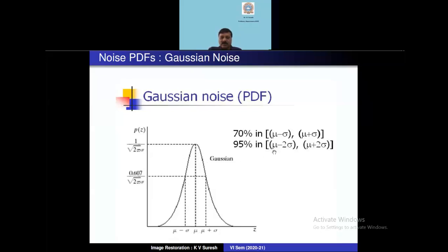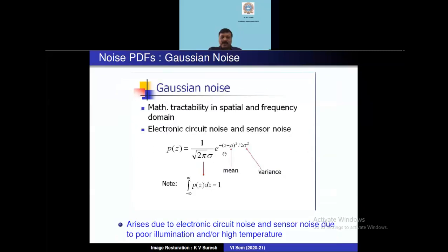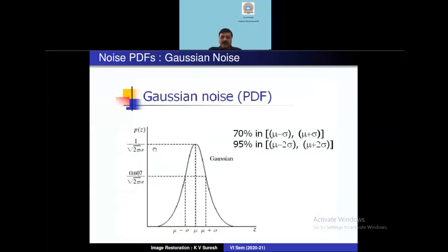If you go from mu minus 2 sigma to mu plus 2 sigma, it is 95%. If you go from mu minus 3 sigma to mu plus 3 sigma, it covers 99 point some percentage. And at the peak the value will be 1 by root 2 pi sigma, that is also known. So when z is equal to mu, the value is 1 by root 2 pi sigma.